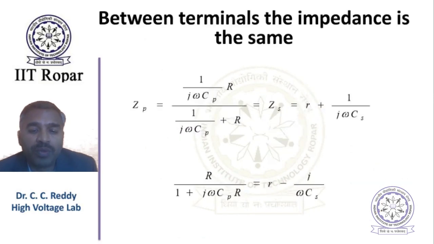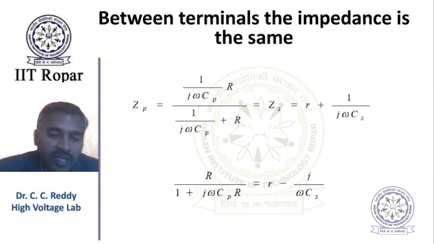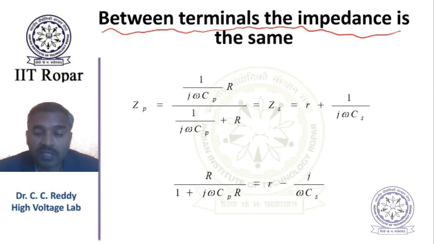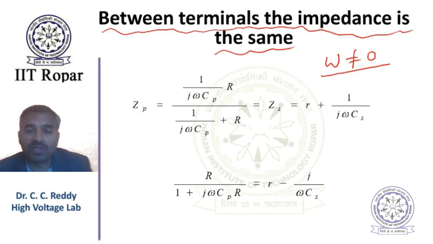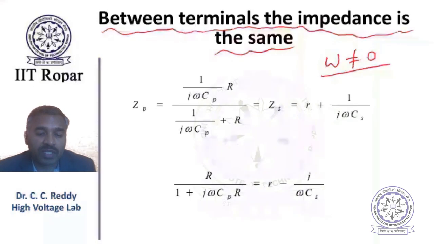Right. Now between terminals the impedance is the same. Okay. See, for a particular frequency, when omega is not zero, I should be cautious now. Omega is not equal to 0. Of course, if omega is equal to 0, can I divide resistive current by capacitive current?